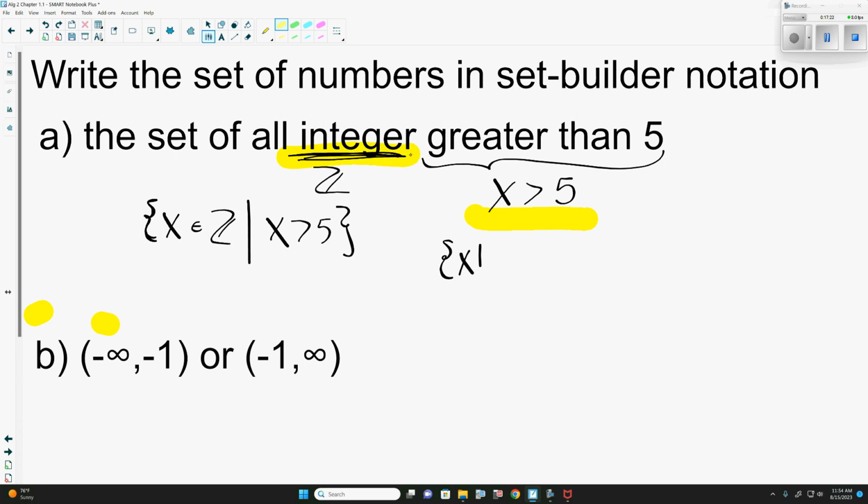X is an integer, yes? And X is greater than 5. Same exact thing, except we really just wrote it out. Both of these are correct. One of these is just a condensed version of the other, but both of them do work.